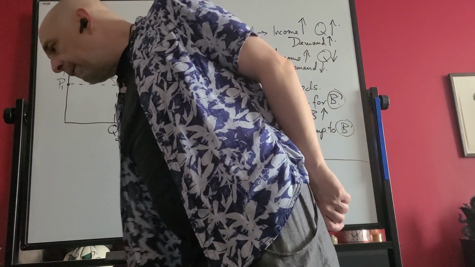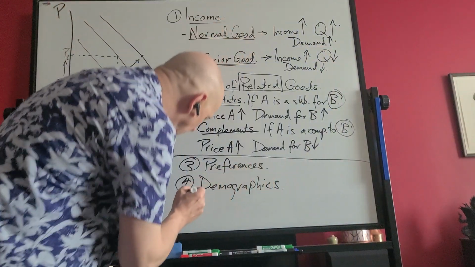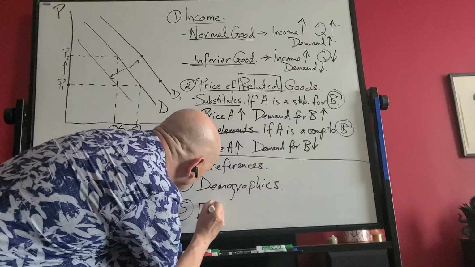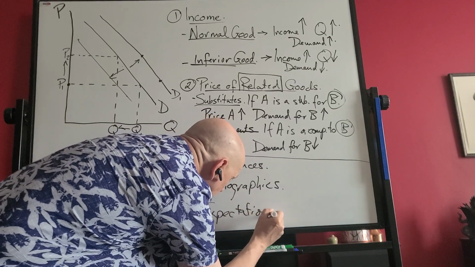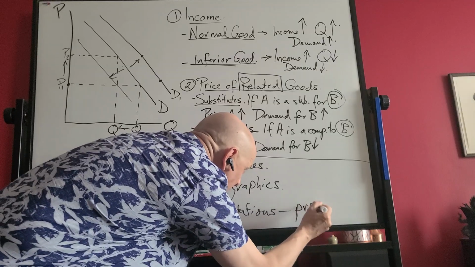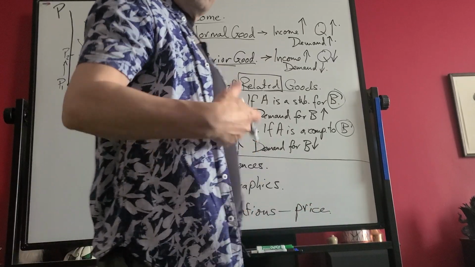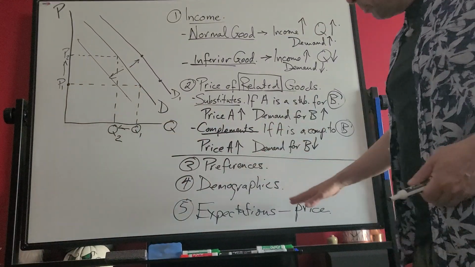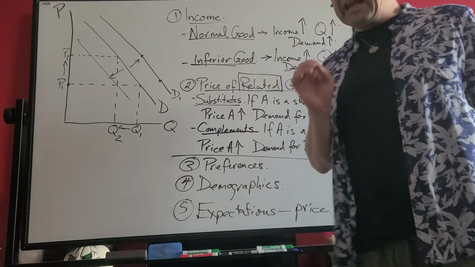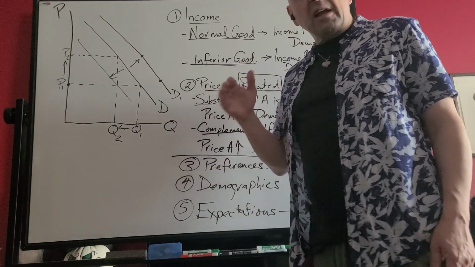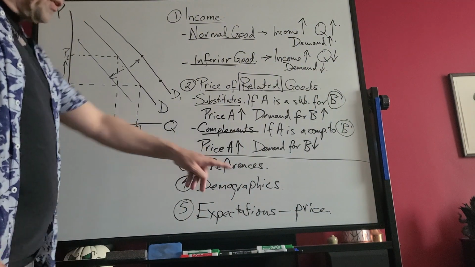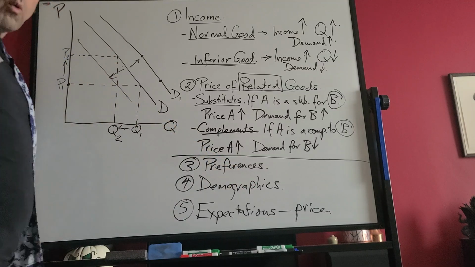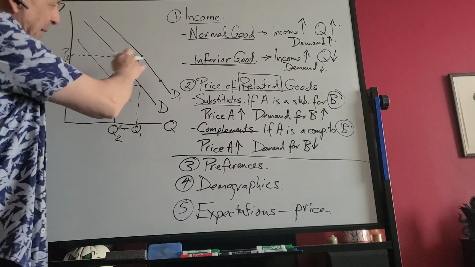And then the last one is expectations. Specifically price expectations, price shortage expectations, whatever that happens to be. So, in economics, very often, expectations are more important than anything else. If I believe that the price of something is suddenly going to go up in a week or two, I might stock up on that.